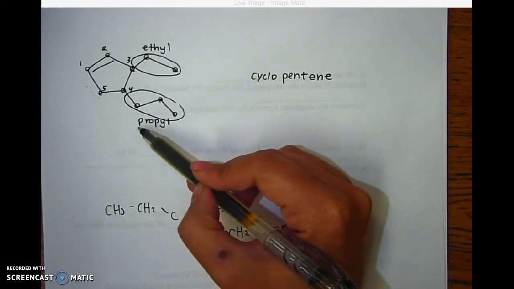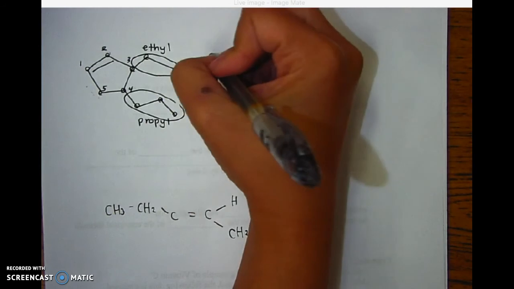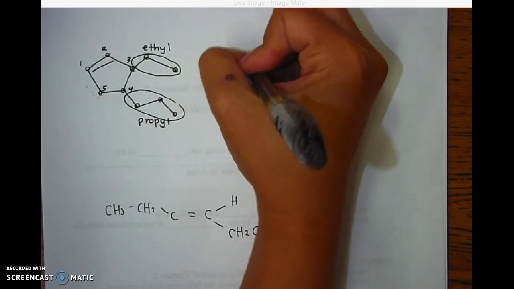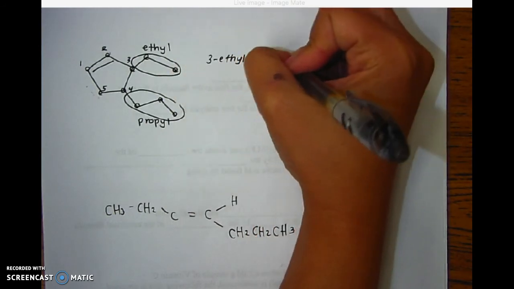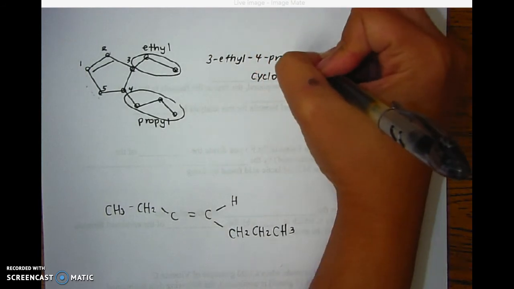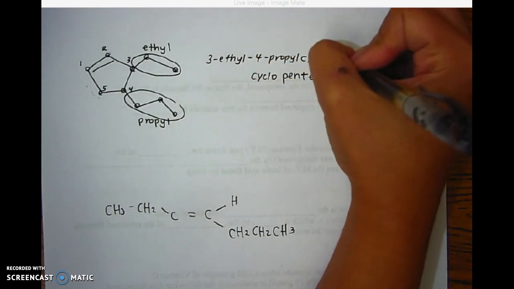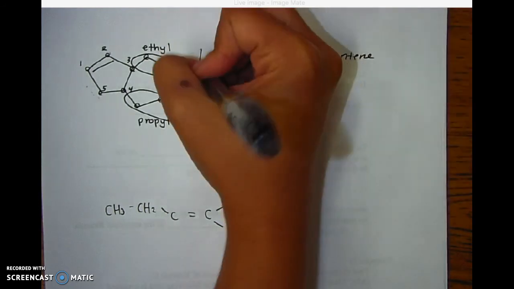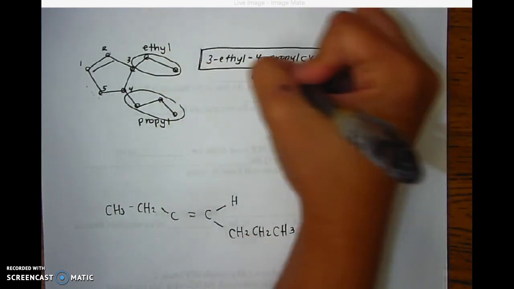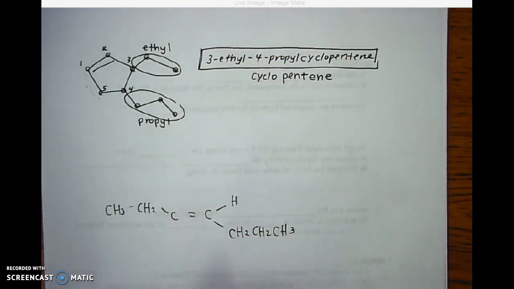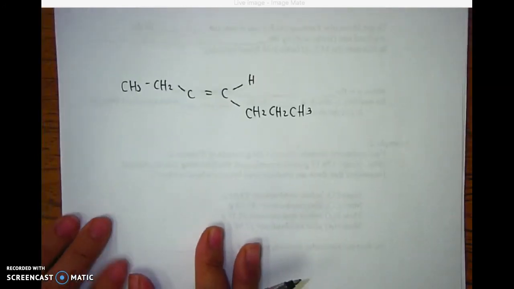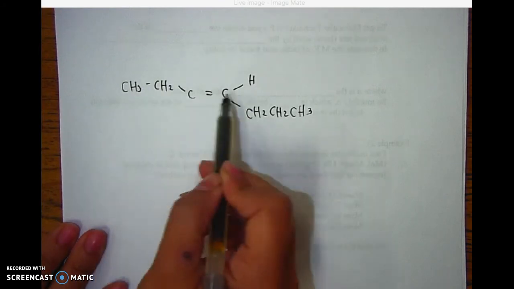E comes before P, so that makes sense for us to do 3-ethyl-4-propyl, and then you could just add on the cyclopentene. And that would be your name for that.